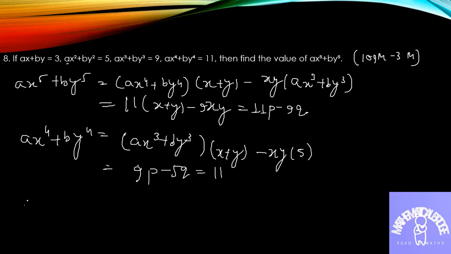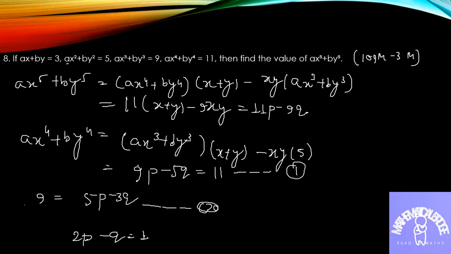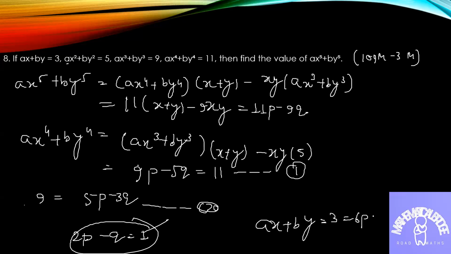Now next, in the case of ax cube plus by cube, you get 9 is equal to 5p minus 3q. So from these two equations, equation 1 and equation 2, you can get 2p minus q is equal to 1. Yes, up to this step it was right. Now ax plus by, which is equal to 3, can be written as 6p minus 3q.